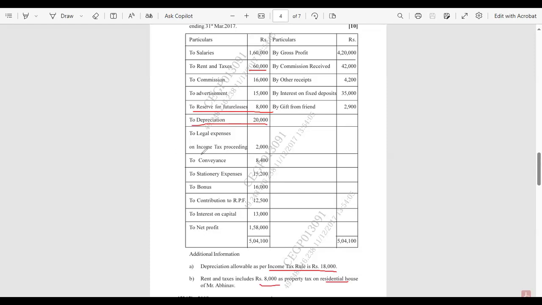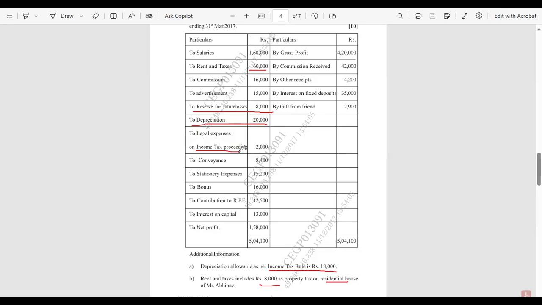The legal expenses for income tax proceeding are not my regular activity. I may be charged a fine, I may be charged a penalty, and I'm filing a case. But in this case, this is just an error made by my responsibility, that I was not in time, I filed less or something.